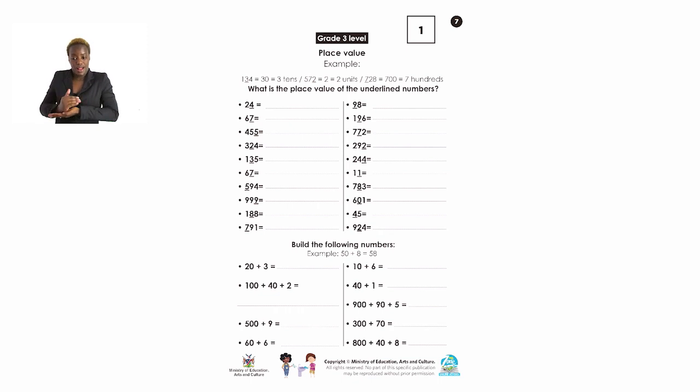Remember, in our previous lessons, we learned how to break up the numbers. But this time, we have to build the numbers. What do we do when we are building up the numbers? 20 plus 3, if it has to become one single number, what can we do?